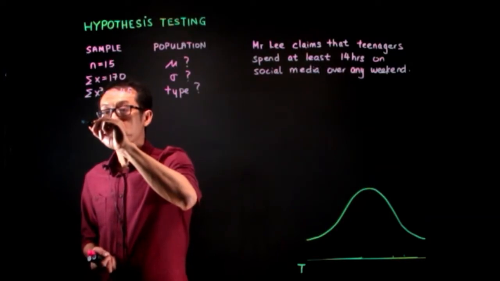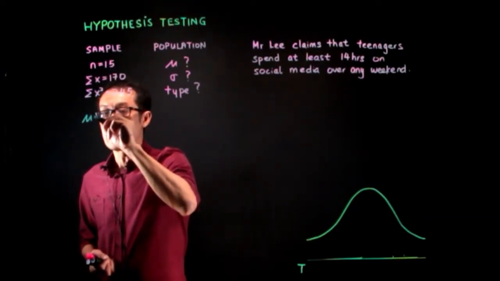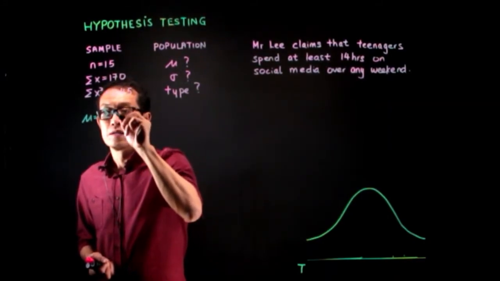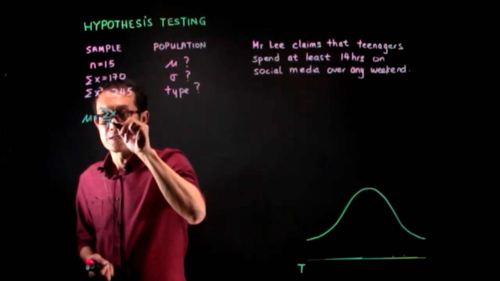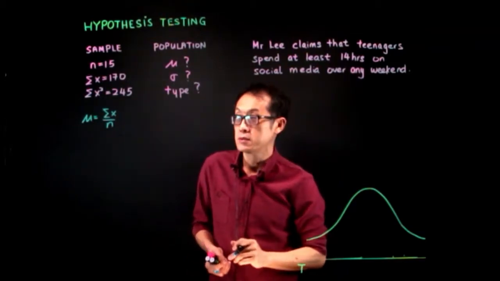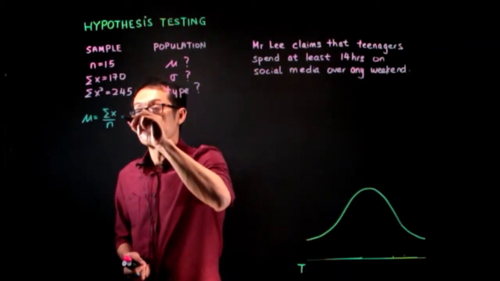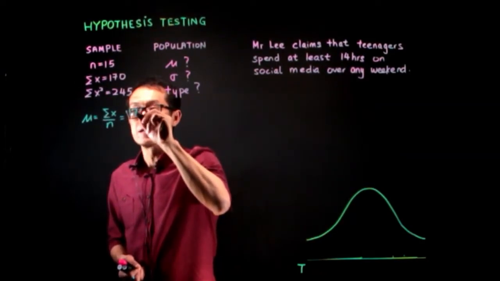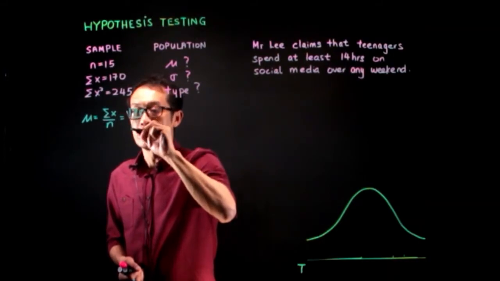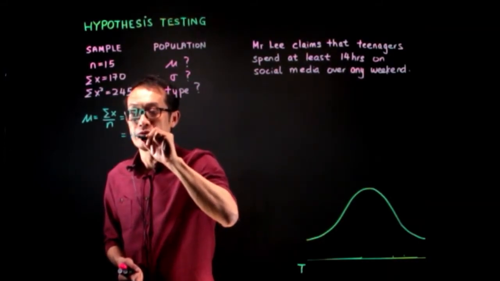Now, mu can be estimated by x bar, that is summation x over n, the sample mean. That is equal to 170 over 15, and you get a value of 11.33.